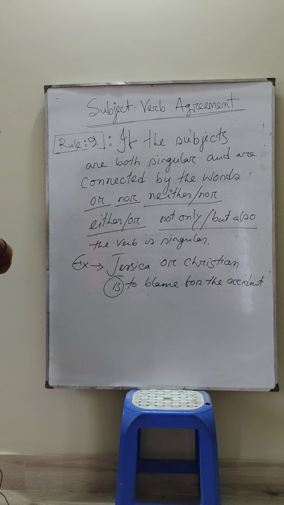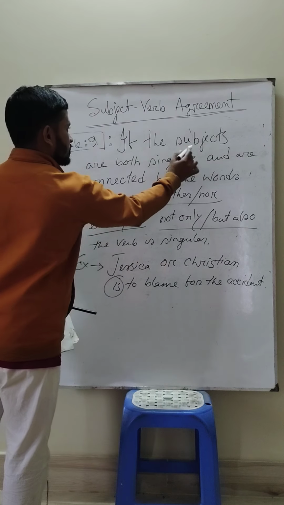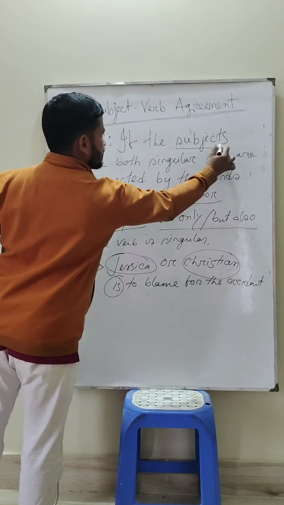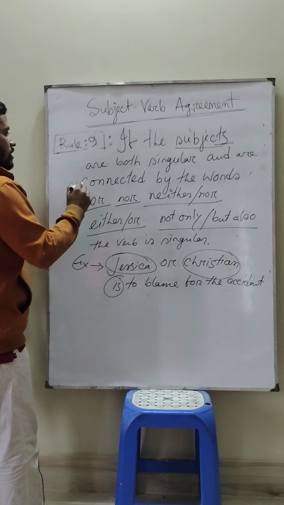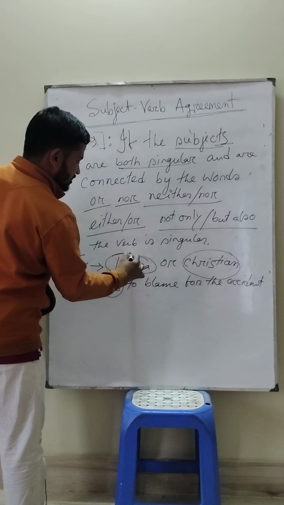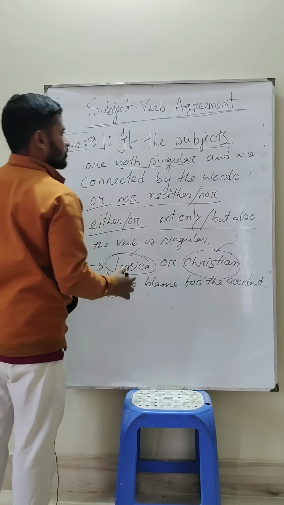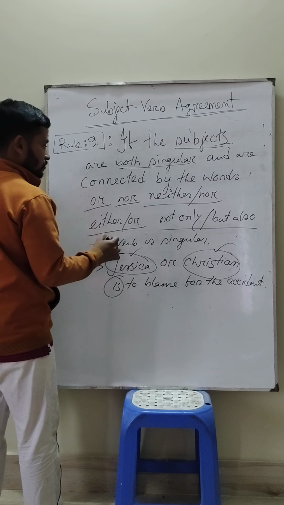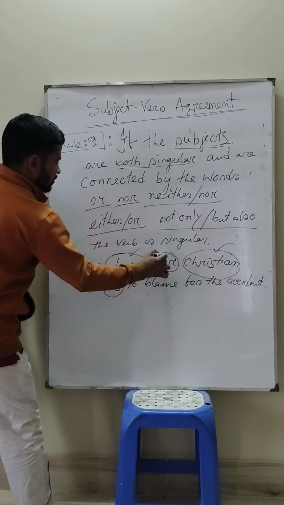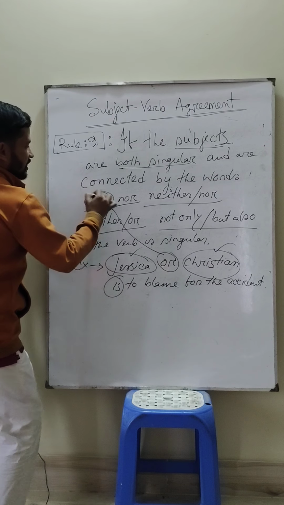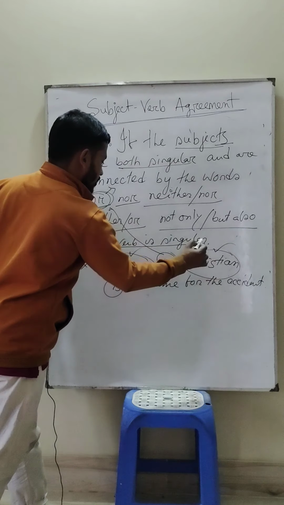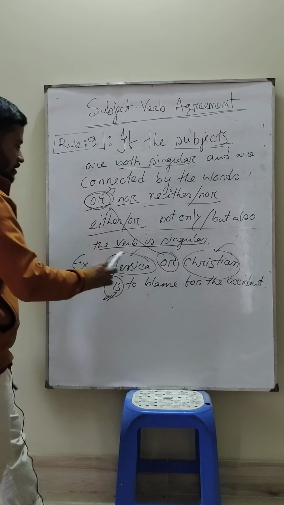Please see rule number 9. If the subjects are both singular, Jessica and Christian, two subjects, both singular, and they are connected by the word "or", the verb is singular.